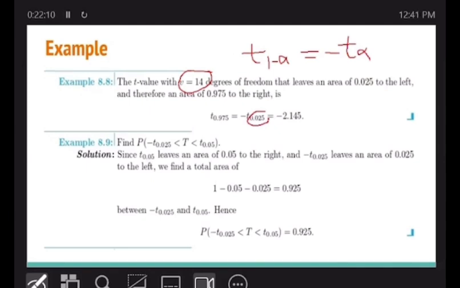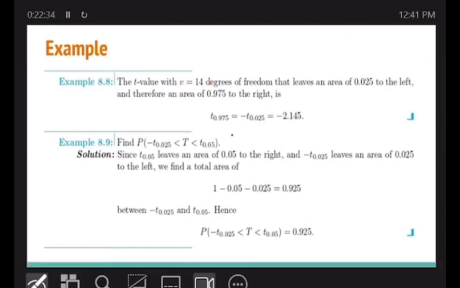Let's say they want me to check for this guy. There's no such value in the table, and we have to check for this one. Whatever I get, I put a negative on that. Is there anyone who doesn't know how to check from a T table? Okay, the T table, you can check it at the back of your textbook.